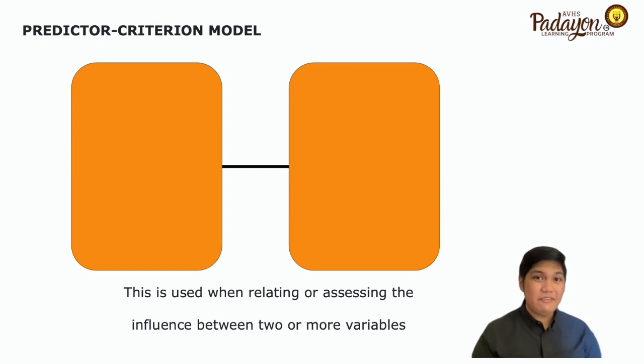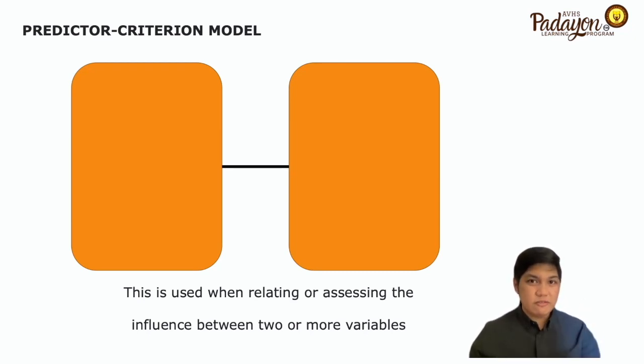We know that in IVDV model, there is a manipulation of variable that is taking place, right? We are manipulating the independent variable and we see how the dependent variable reacts to the manipulated variable. Okay, so that is experimental in nature. There is a manipulation of variable. However, in predictor criterion model, we do not promote any manipulation.